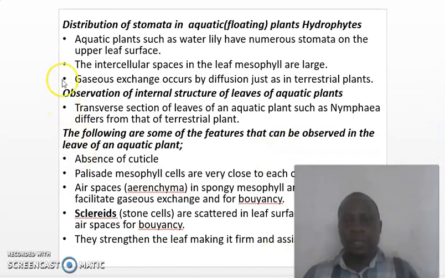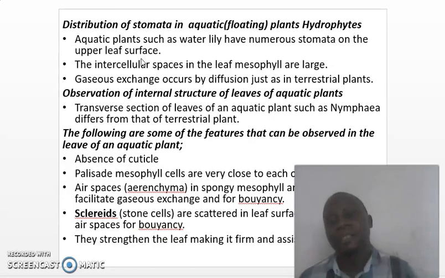So we shall talk about distribution of stomata in aquatic or floating plants, that is the hydrophytes. So aquatic plants such as water lily have numerous stomata on the upper leaf surface. The reason is to facilitate loss of water. By which process? Transpiration, of course. Good. Now, also the intercellular air spaces in the leaf or spongy mesophyll are large.